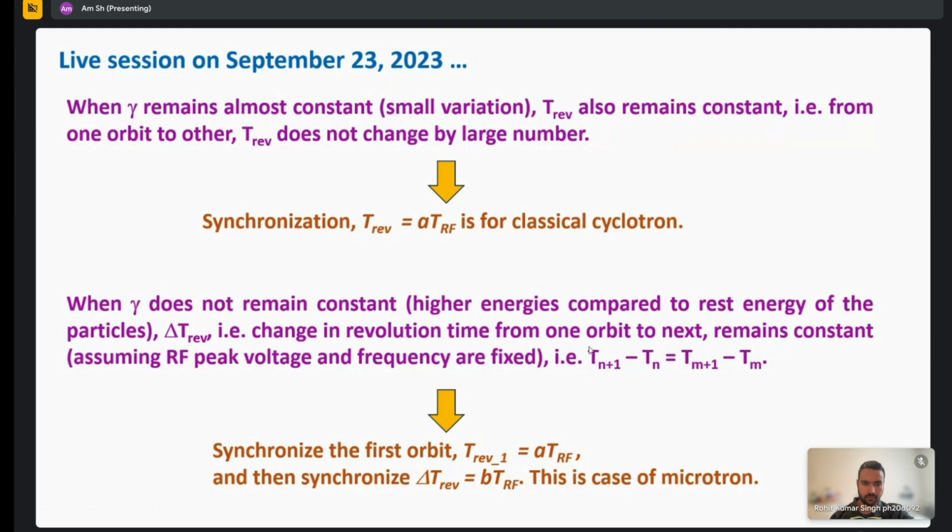So if we are not changing the peak voltage of the radio frequency field and we are also keeping the fixed frequency, then this delta E remains constant.